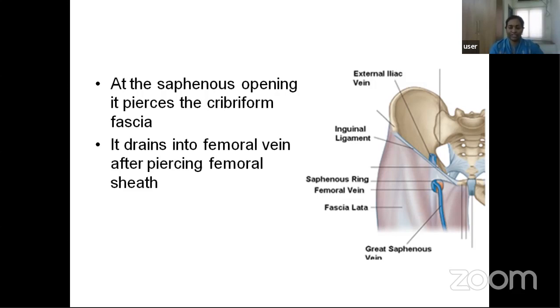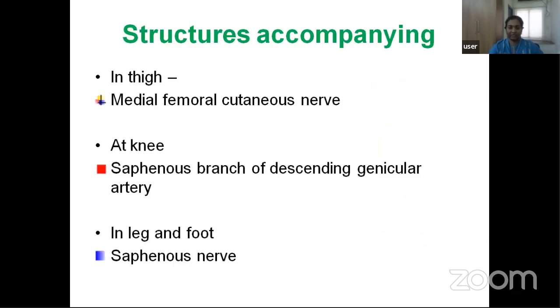And the cribriform fascia is a modification of the superficial fascia. The saphenous opening is a modification within the deep fascia, and its position is 3 centimeters below and lateral to the pubic tubercle. So that is the course of the great saphenous vein.